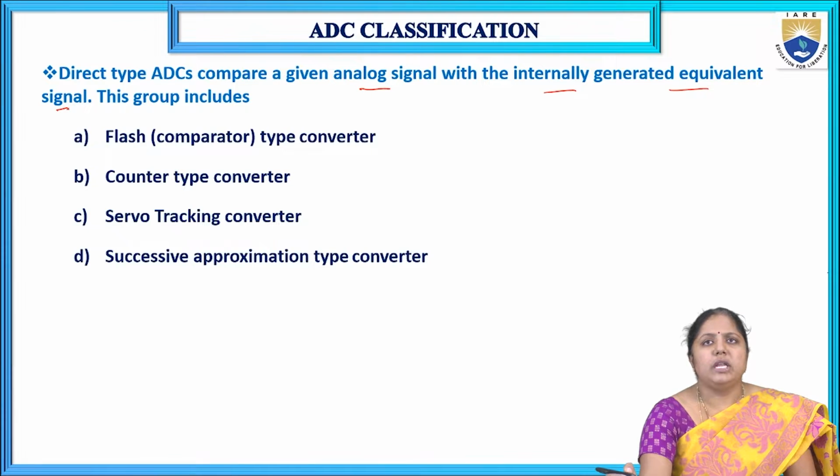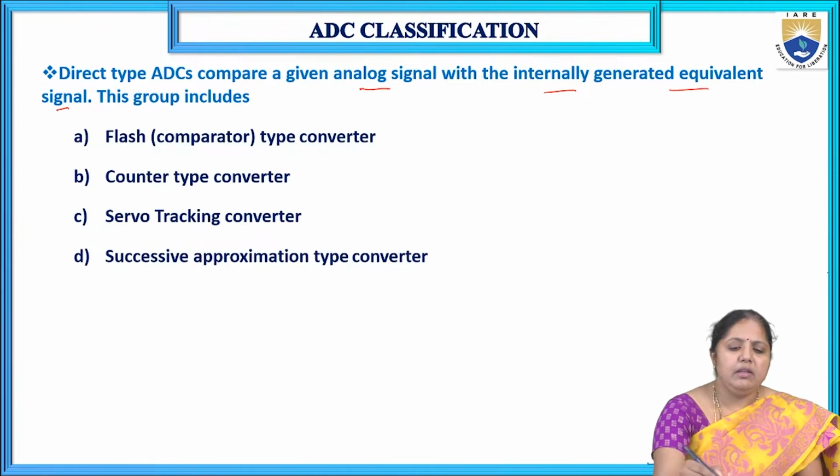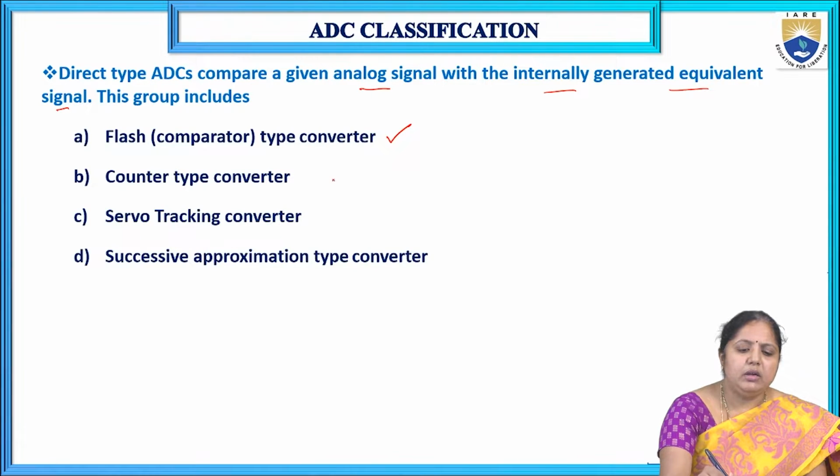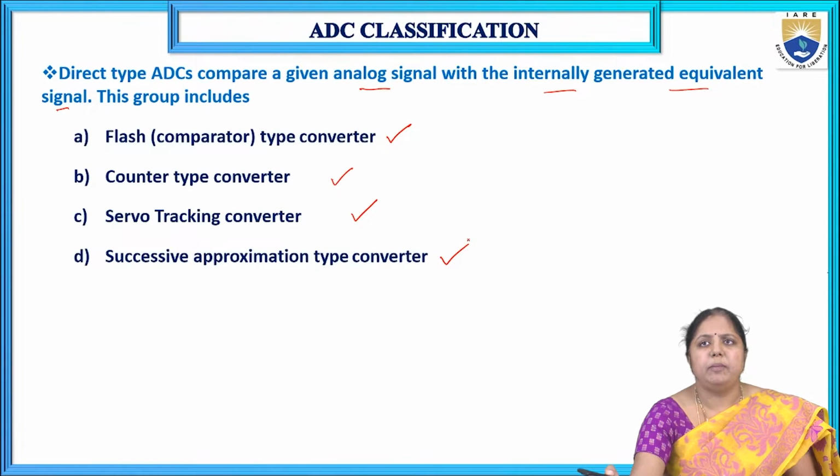The external analog input signal is compared with the internally generated signal that acts as the reference signal for the circuit. Under the direct type, we have seen the flash type converter, counter type converter, servo tracking converter and successive approximation type of converter. These are the 4 types of data converters we have seen.